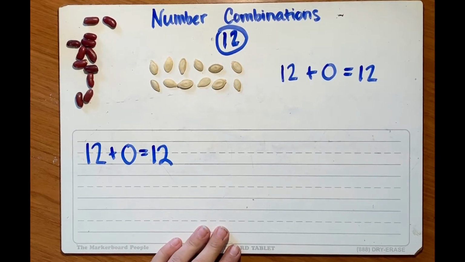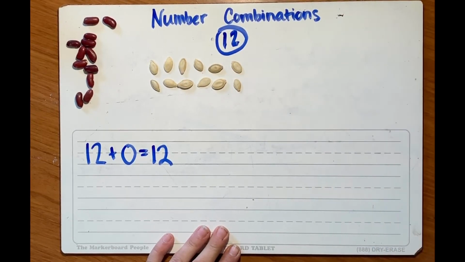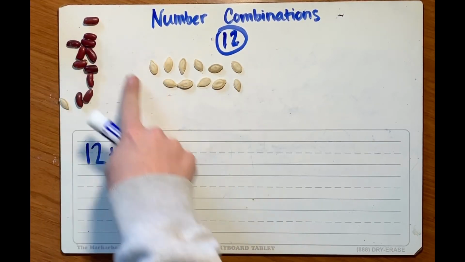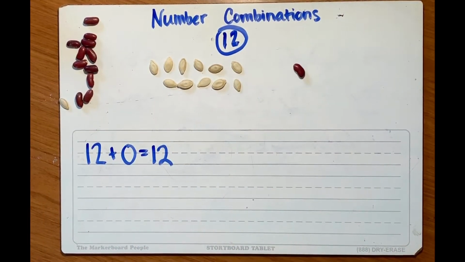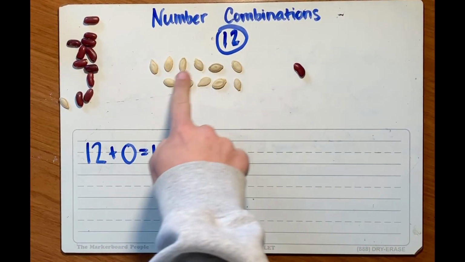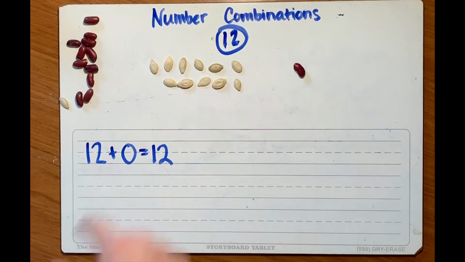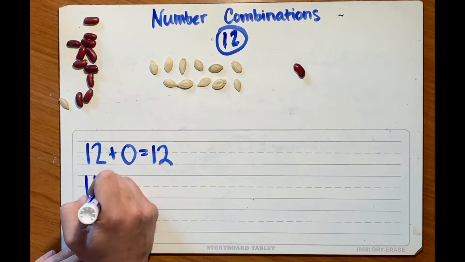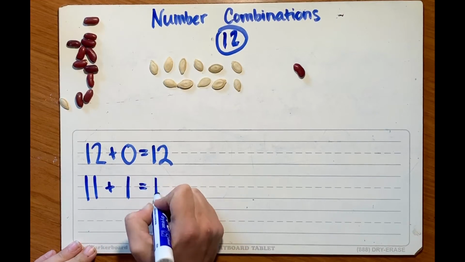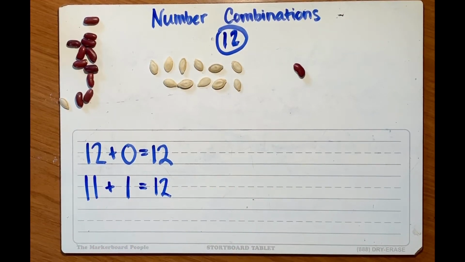Another combination to 12 is if we incorporate a brown bean. Now we have 1, 2, 3, 4, 5, 6, 7, 8, 9, 10, 11 white beans and 1 brown bean. We're going to use our counting up to make sure that we're correct.